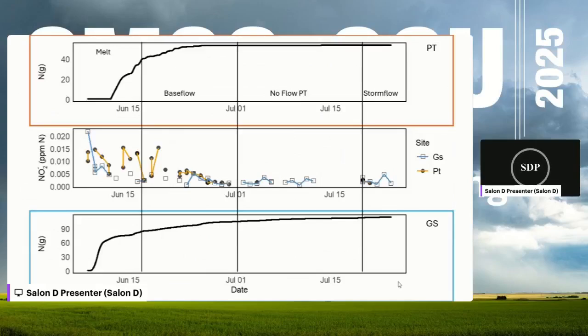Goose exported nearly twice as much nitrogen as nitrite compared to Ptarmigan, the majority of which came during the snowmelt period. Even though concentrations were low, higher rates of discharge, of course, led to higher overall export. And that might have also diluted that concentration signal from Goose.